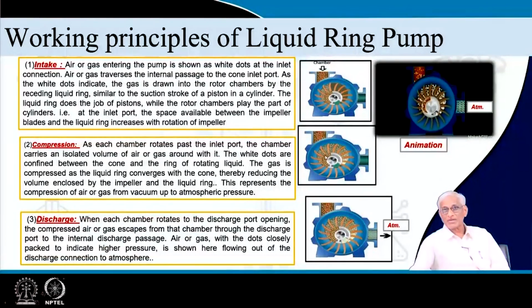Here, if you see, the volume is receding towards the ring, and here volume is going towards the axis. That is why volume is decreasing this side and increasing this side. You can see here the receding volume, and here it is going inside. So, volumes are decreasing here, volumes are increasing.